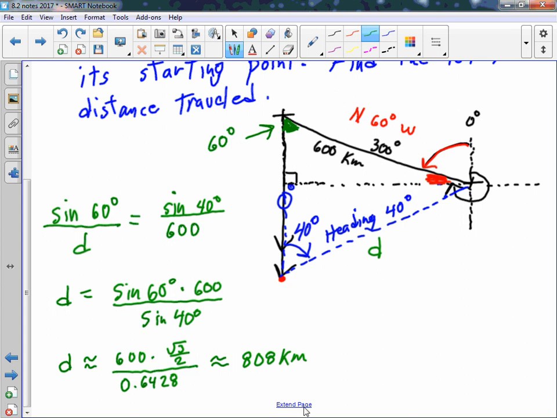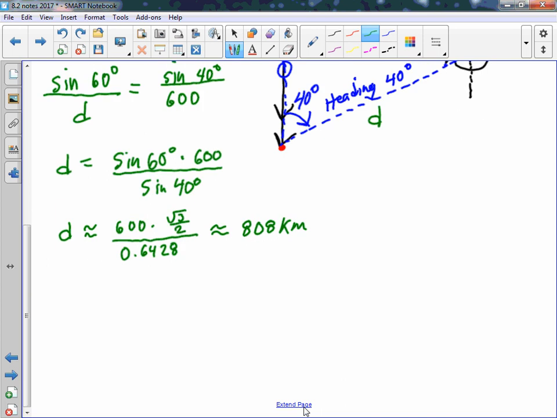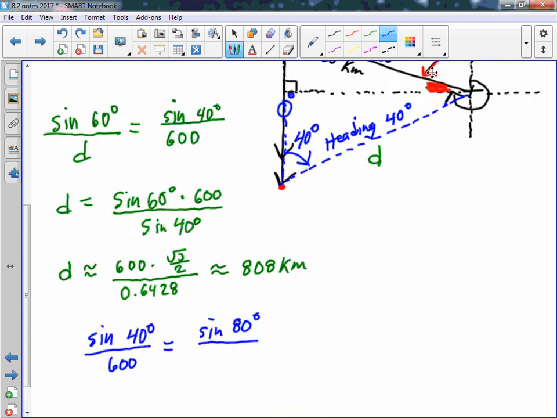And then the next, we can continue that same process, and we can do sine of 40 degrees over 600 equals the sine of 80 degrees over, we need a different one.